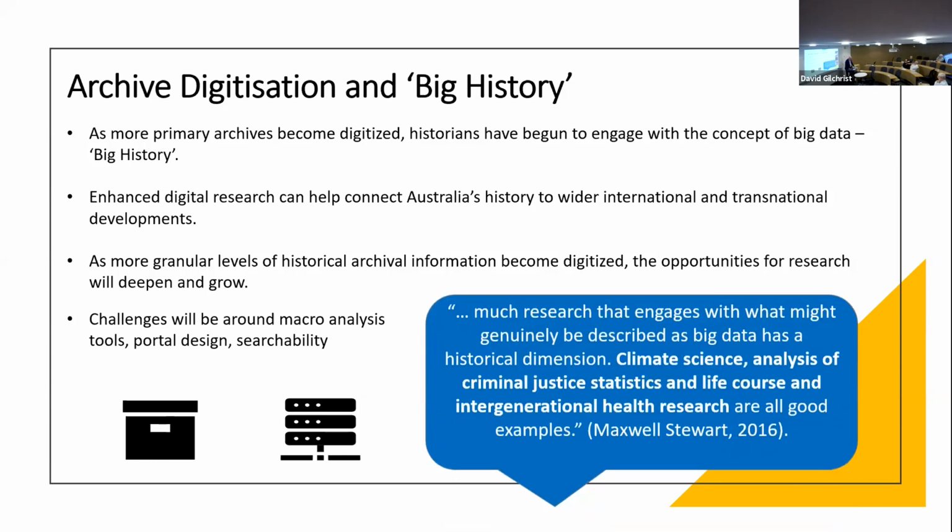At the end of the day then, I think what we're also seeing is that a lot of the economic history dimensions or elements that we're engaging with are also relevant to things like exploring climate change, analysis of criminal justice statistics and other elements that are absolutely critical to modern public policy and effective public policy going forward.